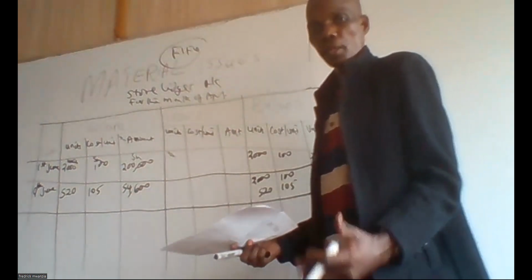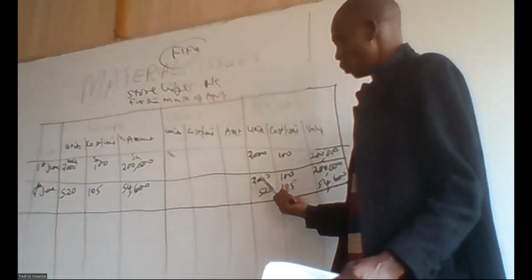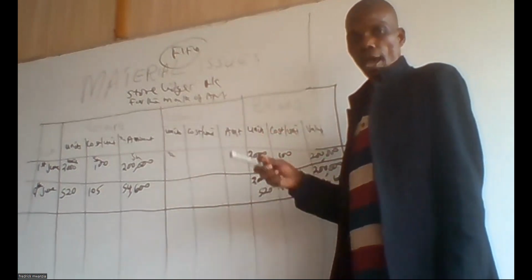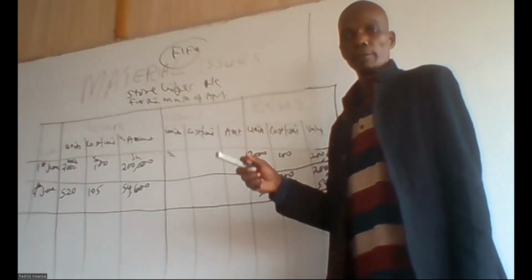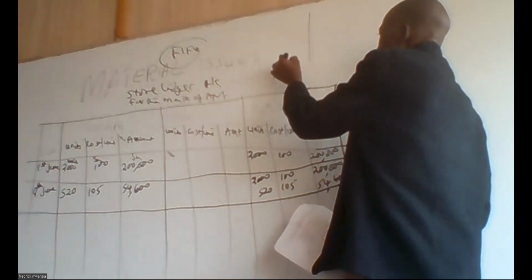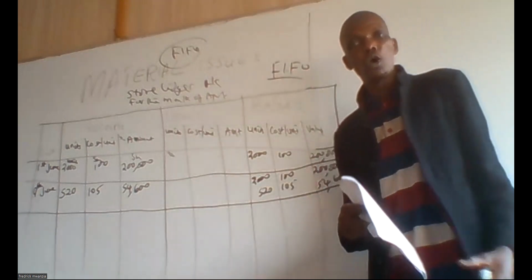Now we are issuing, we are no longer buying. These are the items that we have in store. When we are issuing, we have to be guided by the method that we are using. The method in this case is FIFO: first in, first out. Whatever came in first is the one to go out first.